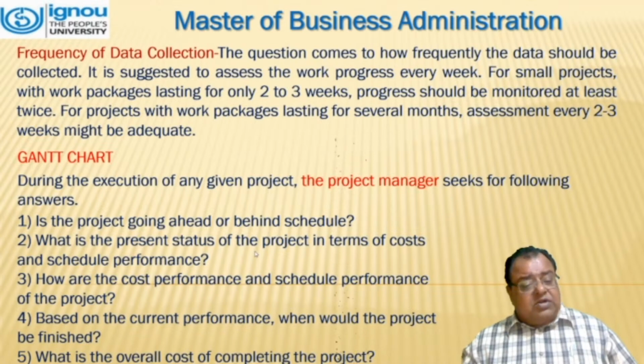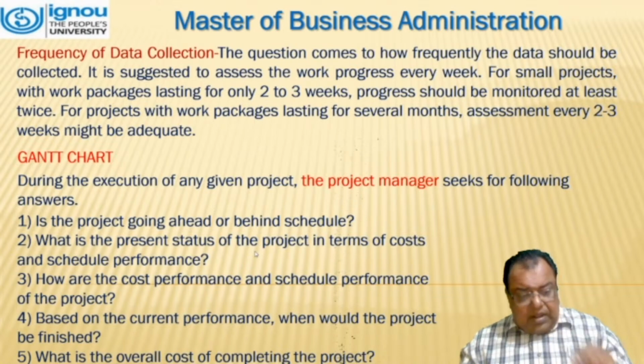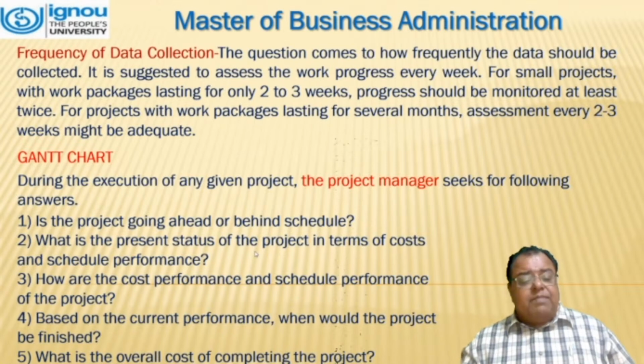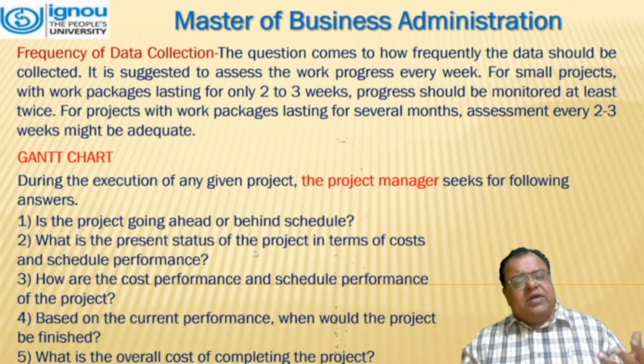How are the cost performance and schedule performance of the project? Based on the current performance, where would the project be finished? What is the overall cost of completing the project? These are some of the basic questions which come into consideration by a project manager.